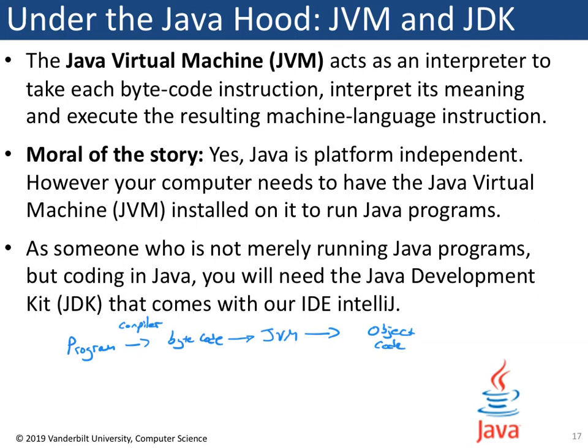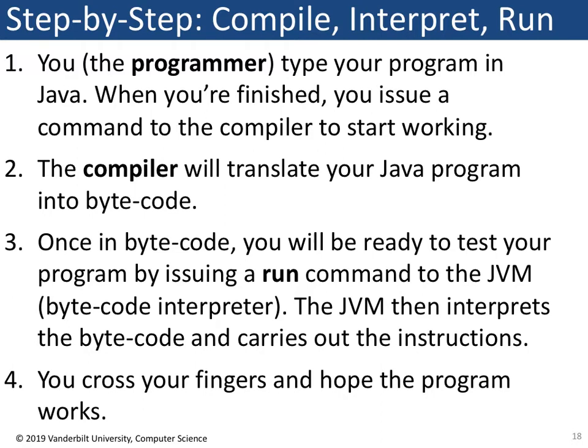So everyone in this class is not merely going to be running Java programs, they're going to be coding in Java. And for that reason, you'll need the JDK compiler, which comes integrated in the integrated development environment we're going to use called IntelliJ.